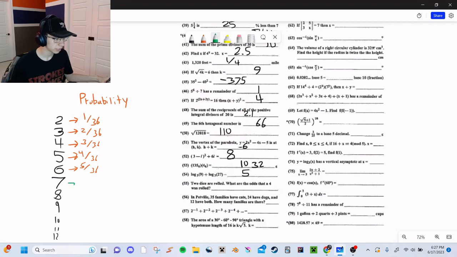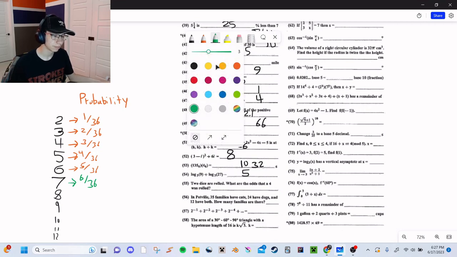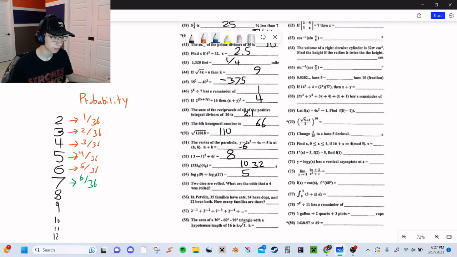And then the most likely outcome when you roll 2 dice is a 7. It's the most likely outcome. And then it starts going back down. An 8 is a 5 out of 36.